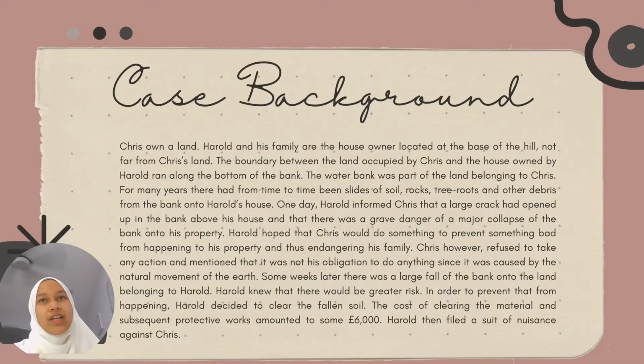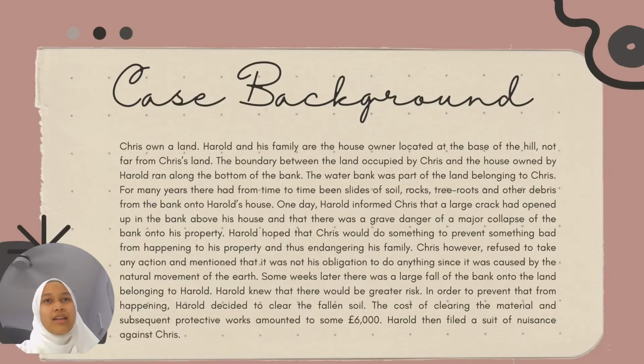After a very dry summer, a large crack had opened up in the bank above the plaintiff's house, and he notified and alerted the defendant to the danger of a major collapse of the bank onto his property. The defendant was aware of the danger but denied any responsibility for the danger, arguing that it was an entirely natural process.